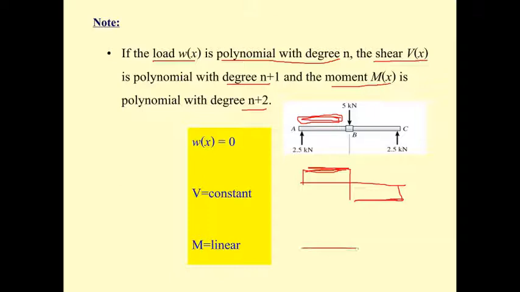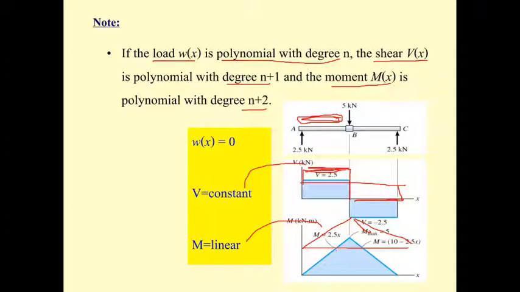And for the M of this beam, you will get it like this. The M is going to be a linear function and the shear is going to be constant. That is 1 more degree from W, and the moment is 1 more degree than the shear.